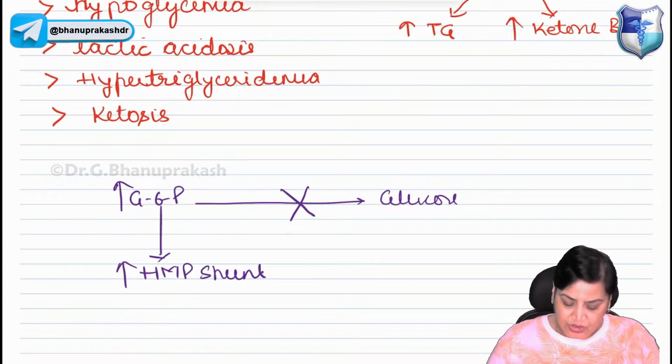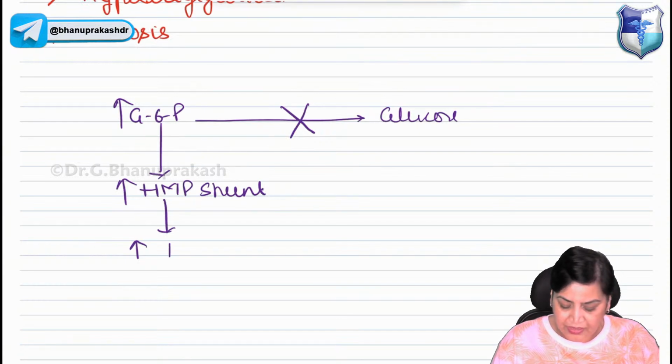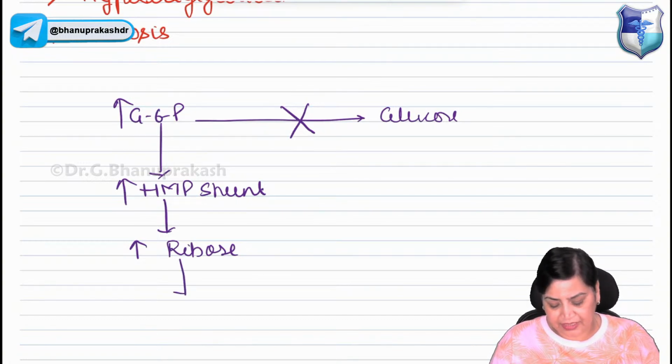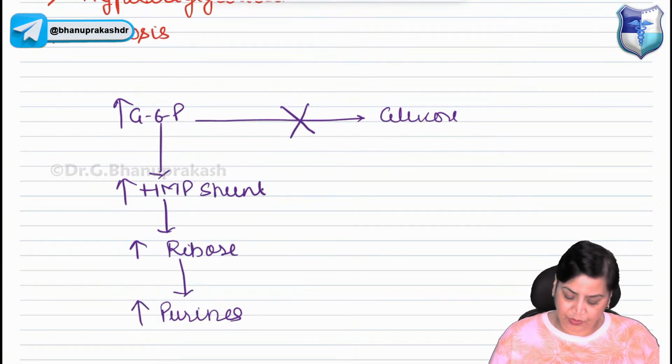Why does the HMP shunt take place in the body? Because it leads to increased production of ribose sugar, and we know that ribose is a precursor of purines. So I can say that purine synthesis will also increase.